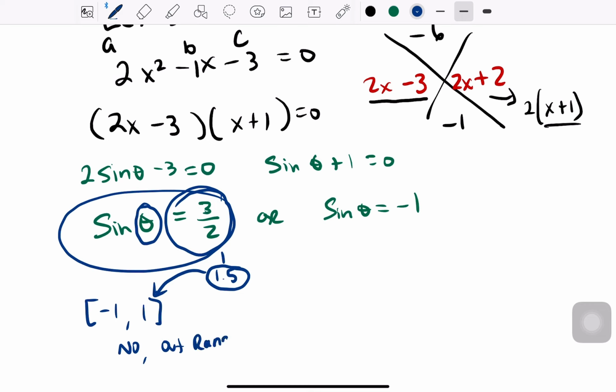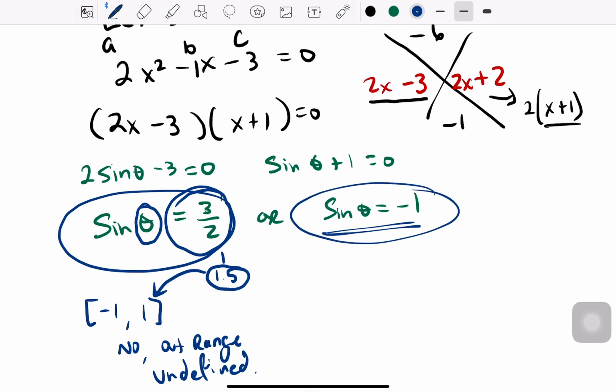So in other words, you would just say for that part, it's undefined. You don't necessarily have to put undefined if we're having this part over here, but if it was by itself, you would put either out of range or undefined. So we did all this work, but we can actually only solve for sine theta equal to -1. The question is, what theta does this have to be so that when you apply sine, it gives you an output of -1?